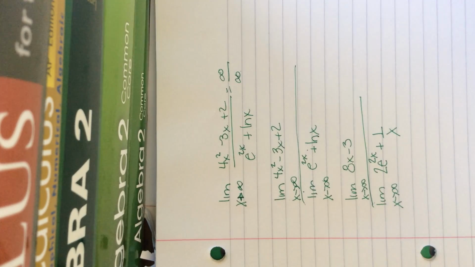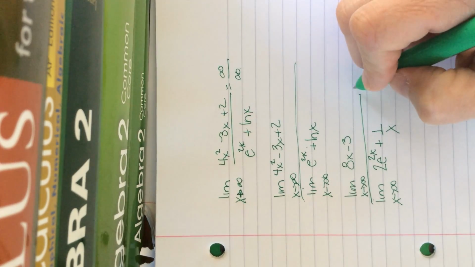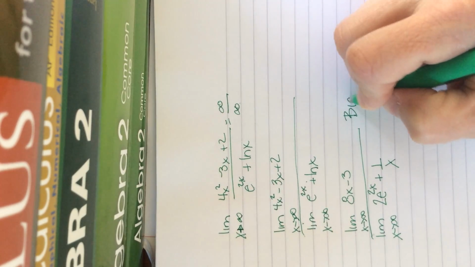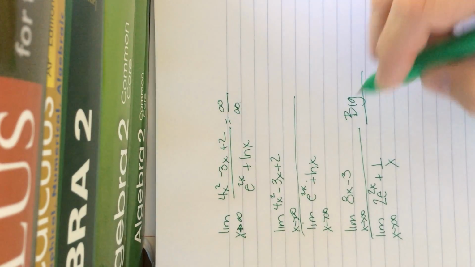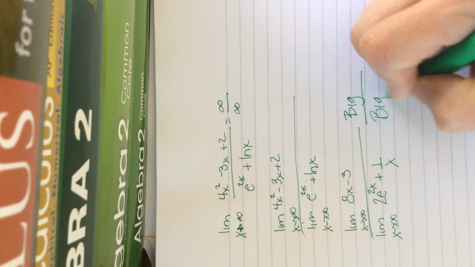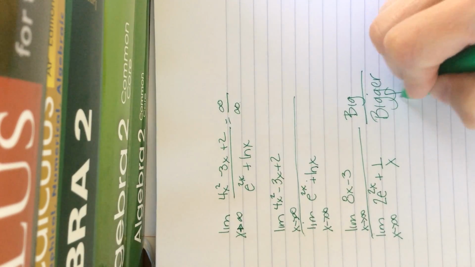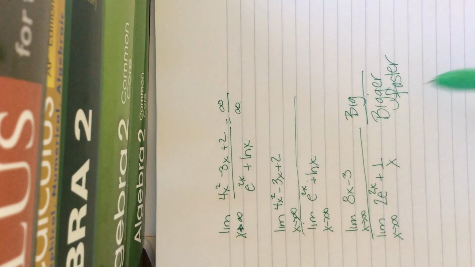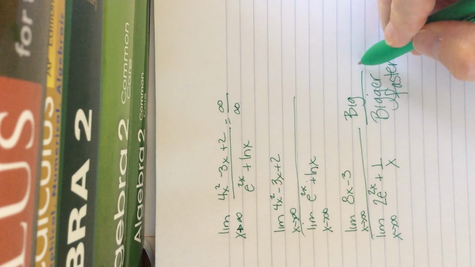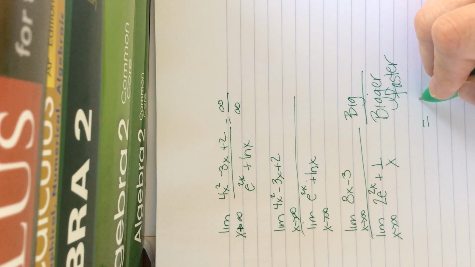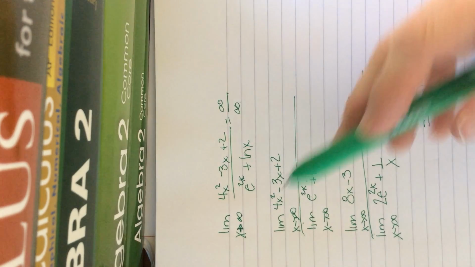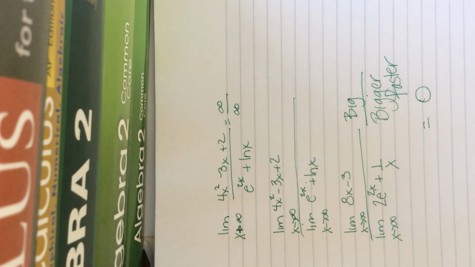Bottom line is this. The numerator, as x approaches infinity, is getting big, but the denominator is getting bigger faster. Well, when the denominator gets bigger faster, that means the whole fraction is equal to 0. So the limit of this expression as x approaches infinity is 0.